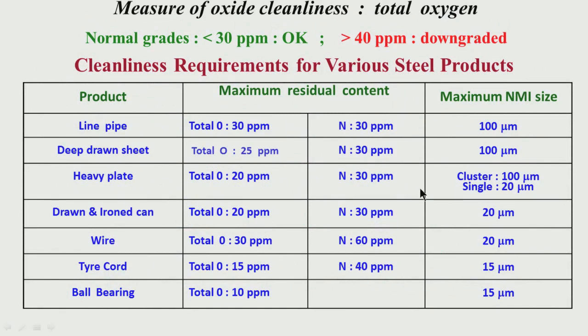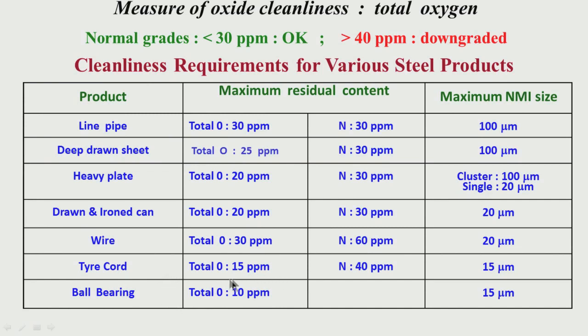Then I have talked about the different levels of residual content requirements, different levels of NMI size. These are all for different applications: line pipe, deep drawn, heavy plate, drawn and ironed can, wear, and I mentioned the tire cord and ball bearing. These are the two applications with the most stringent requirements.